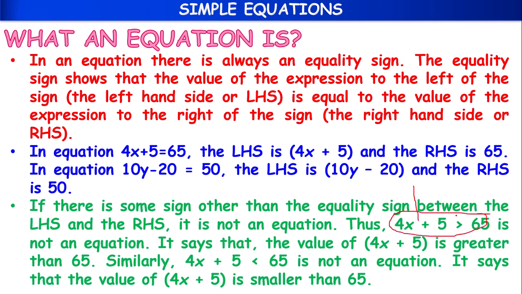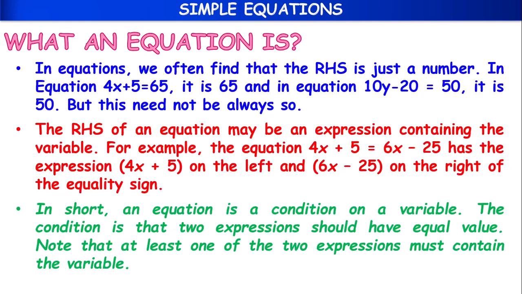LHS part greater than RHS. What does this statement tell? LHS part less than RHS. So they are not equal. One is greater than the other, or the first one is less than the other. So this is not an example of an equation.